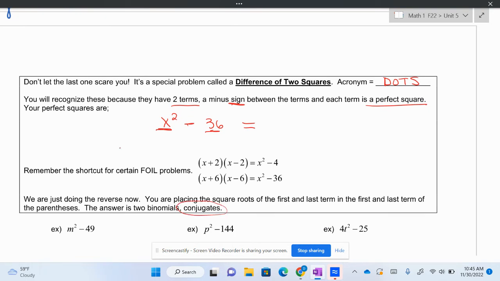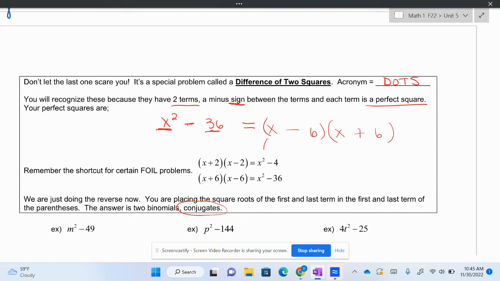So the square root of x squared, or what two numbers do you multiply together to get x squared? Well, that's x times x. What two numbers do you multiply together to get 36? Well, that's 6 times 6. And one is joined with a minus sign and one is joined with the plus sign.